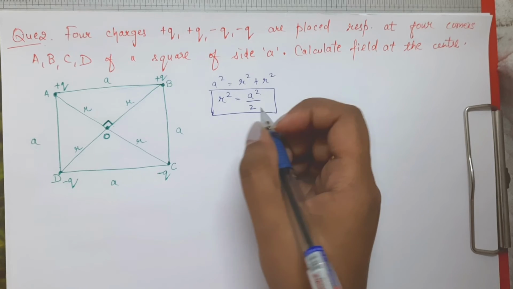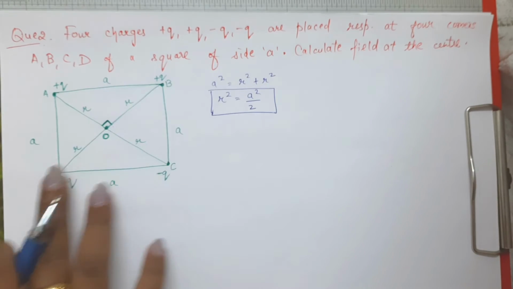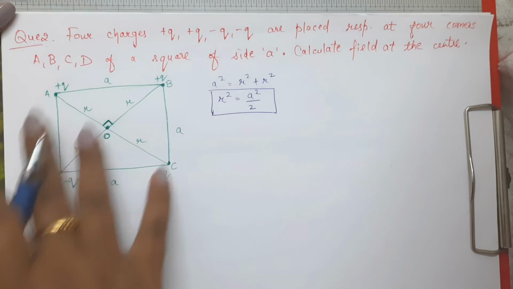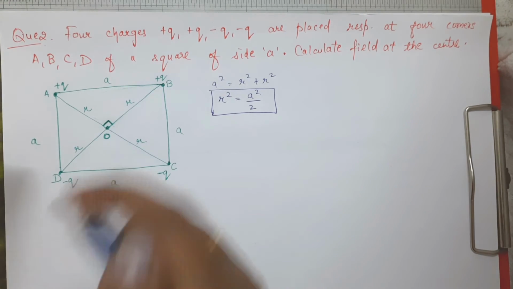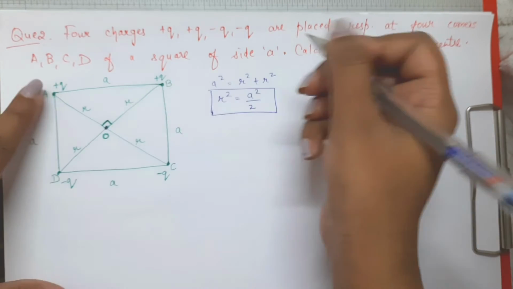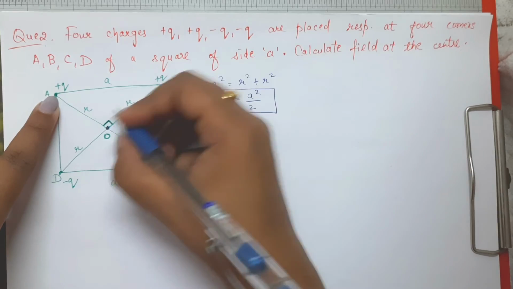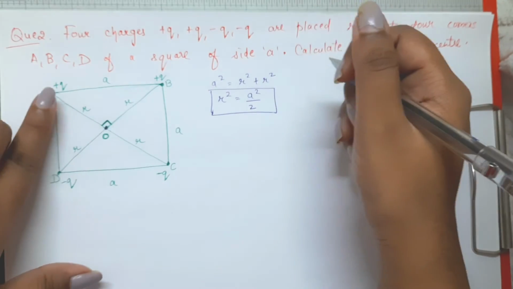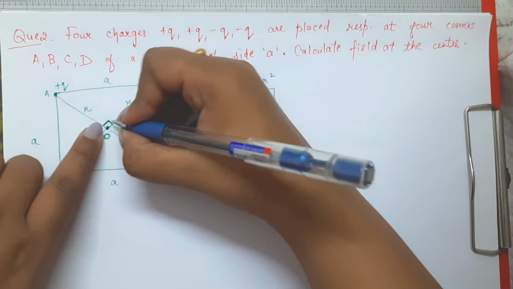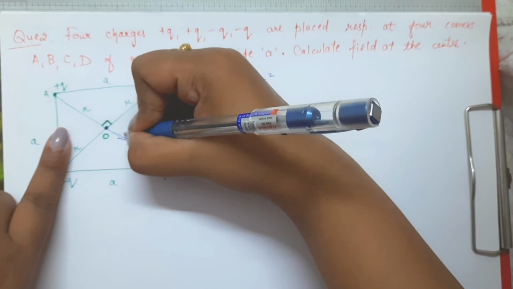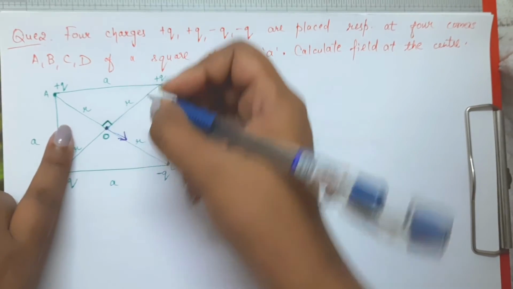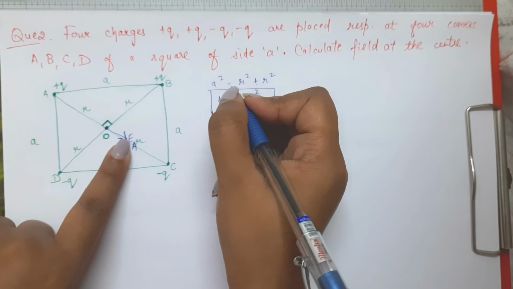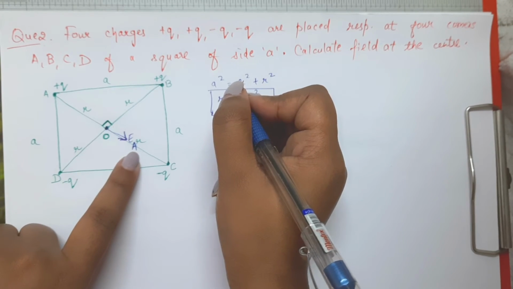Now we are having these 4 charges. Now we are going to see the directions of fields due to these 4 charges. First of all, at point O, due to this plus Q charge, field will be radially outward, right? So due to plus Q charge, field will be in this direction, right? I am writing it as EA, that is field due to charge present at point A, right?